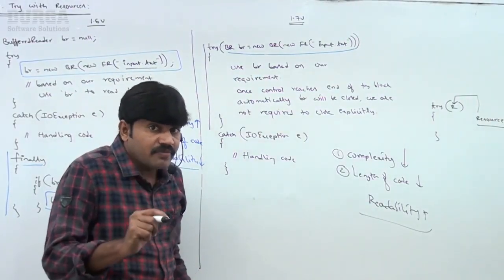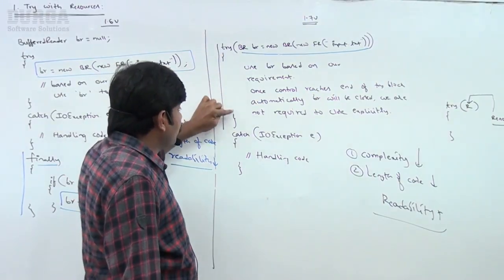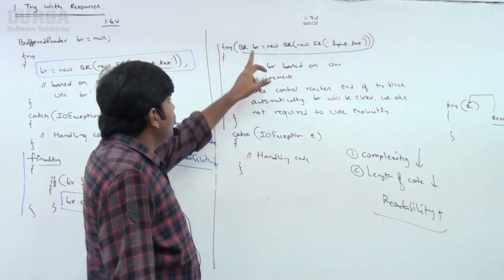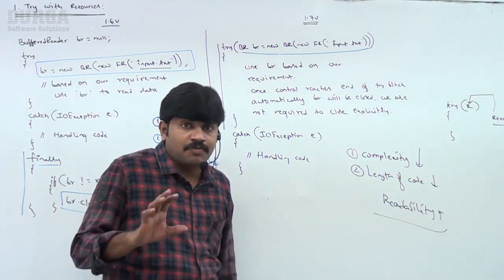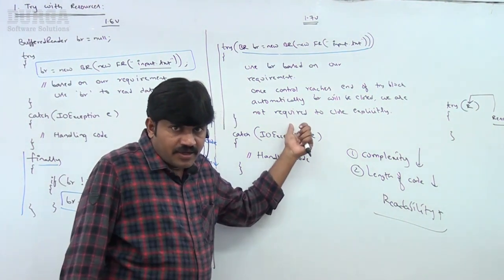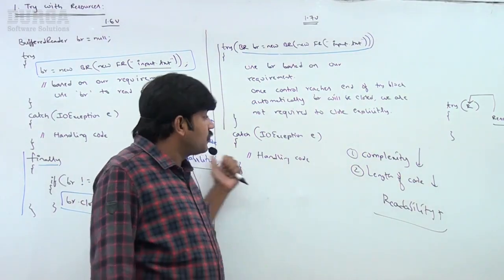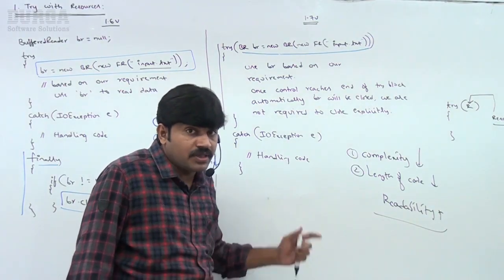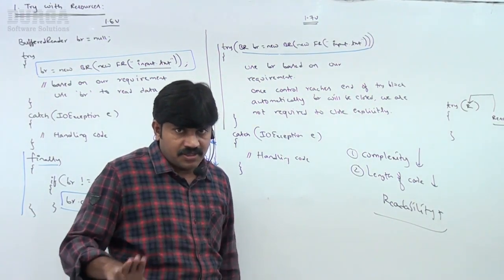The biggest advantage is that once the try block is completed, automatically these resources will be closed. We are not required to close explicitly. Clear? So what is the problem with the old approach, and what is the advantage with the new approach? The things are very clear, not required to keep much explanation.